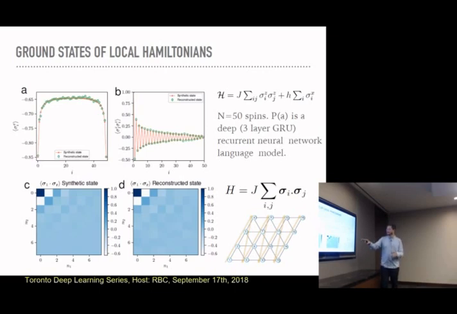And this is the most challenging state that we tried: a ground state of a frustrated Hamiltonian in 2D. Frustration basically means that there are energetic constraints in this energy function that cannot be satisfied simultaneously, like life.